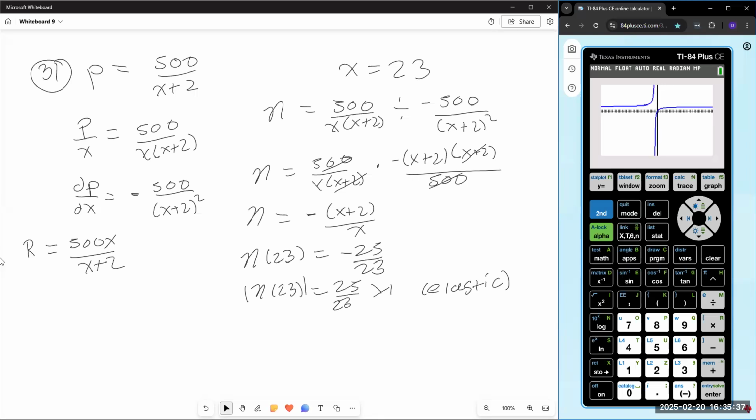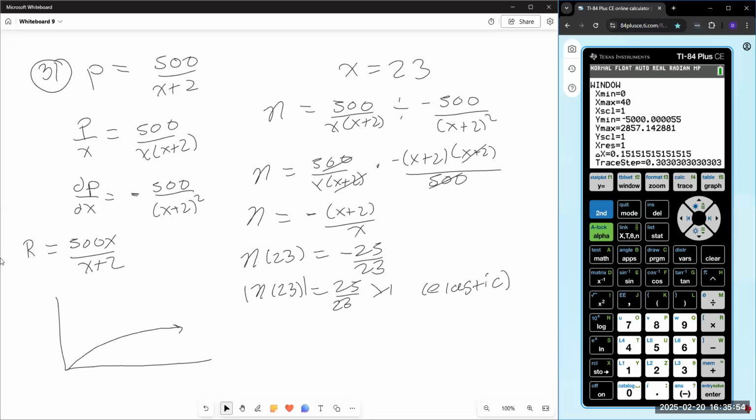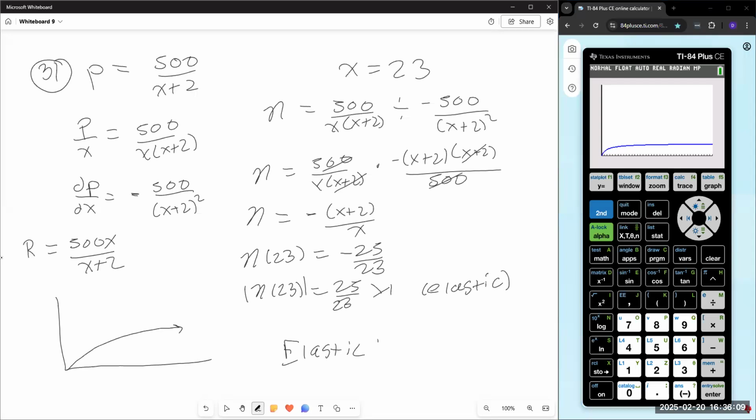And so it's going to go through 0, 0, and it's going to go up like that. I'm only interested in that positive portion of the graph. It's like that. And so it's always going to have a positive slope there. So it's elastic from 0 to infinity, like that.